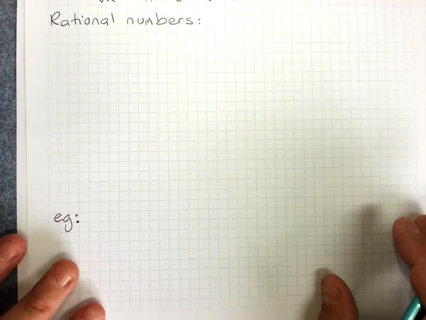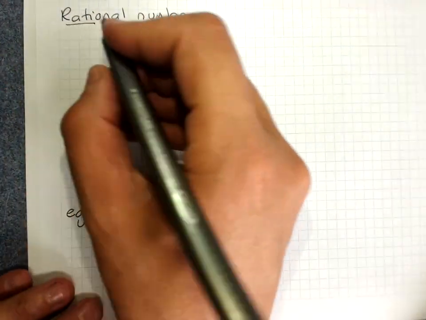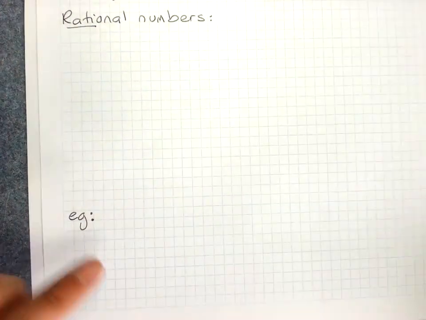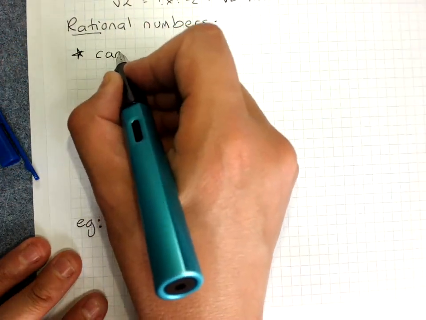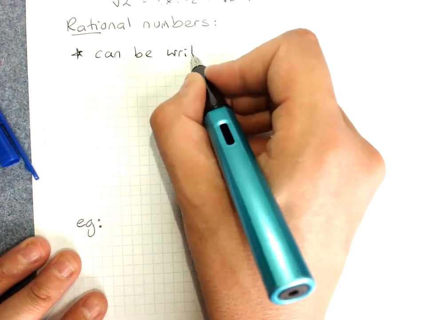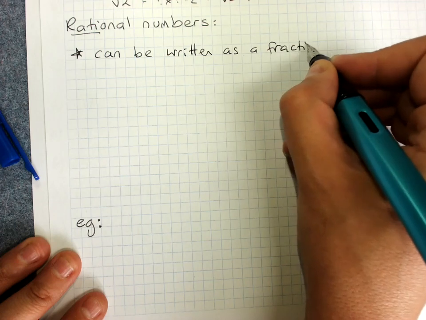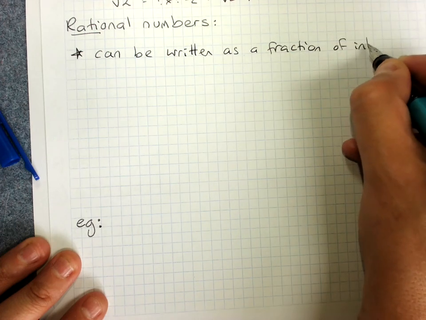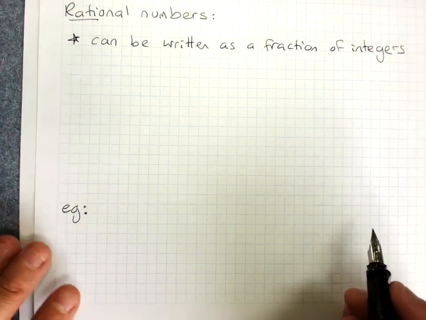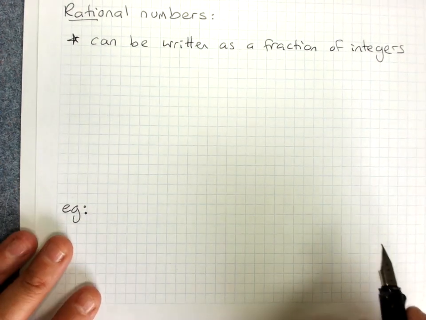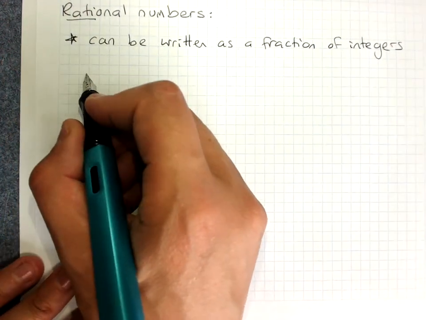In contrast, rational numbers can be written as a fraction of whole numbers. So ratio, fraction. If you can write anything as a fraction of whole numbers, it is a rational number. This is obviously most of the numbers we deal with in high school maths.